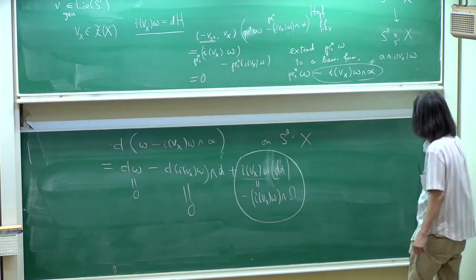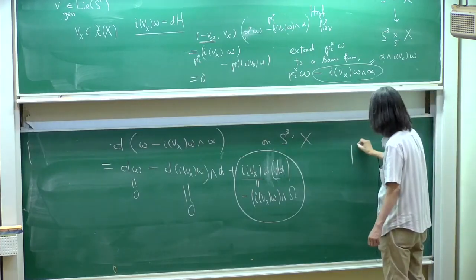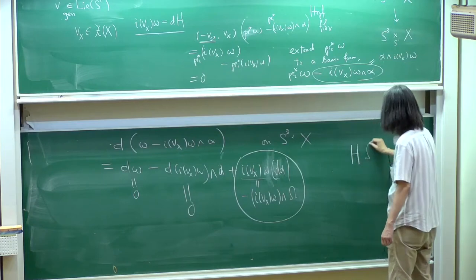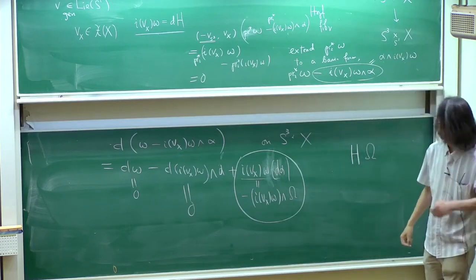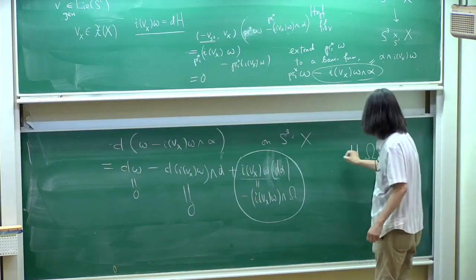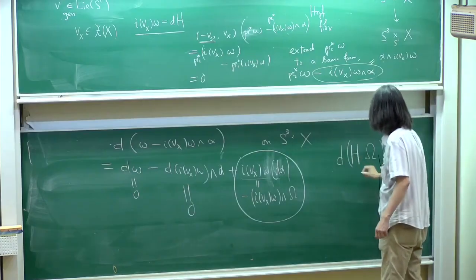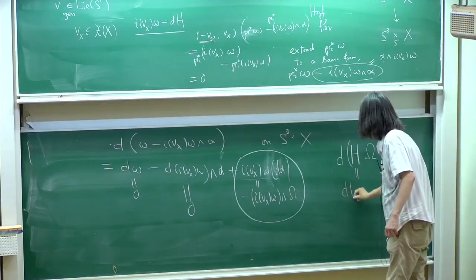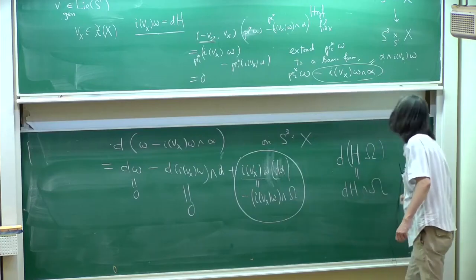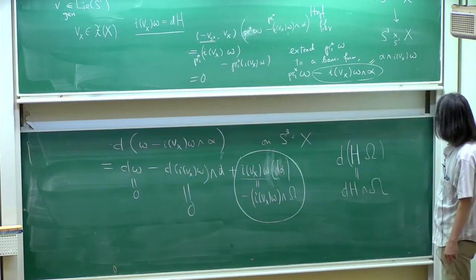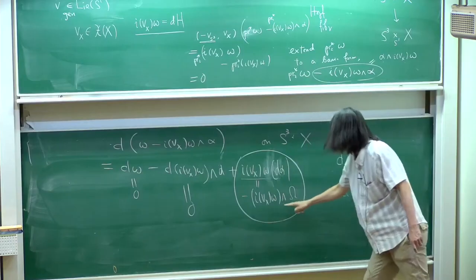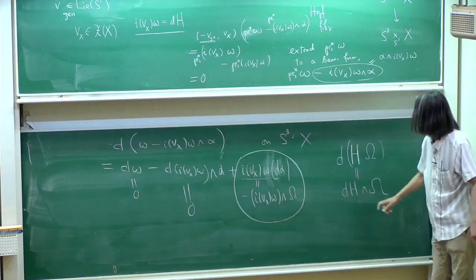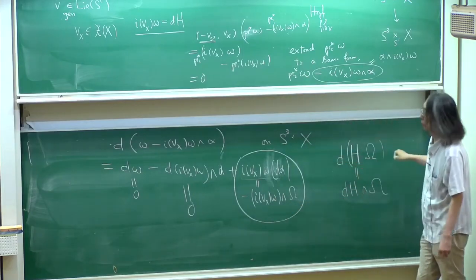So let's consider h times capital omega, and then take its exterior derivative. And this one is equal to dh with omega. And then, because this one is equal to this, if I add them, it is 0, right?